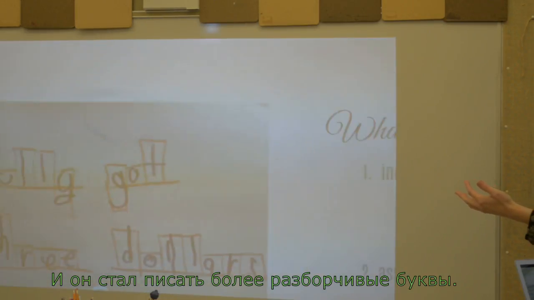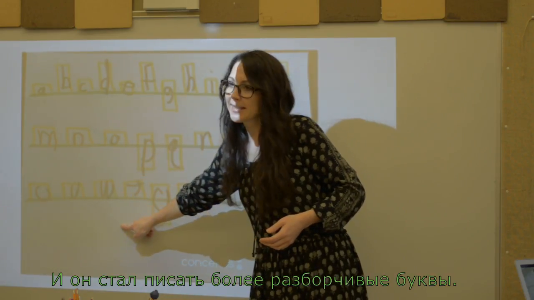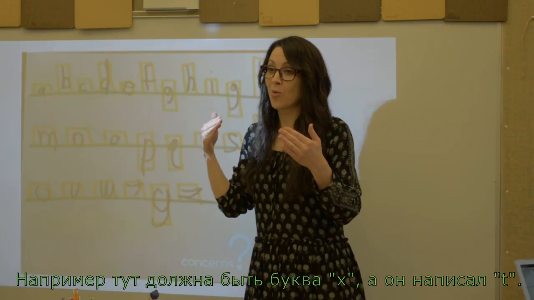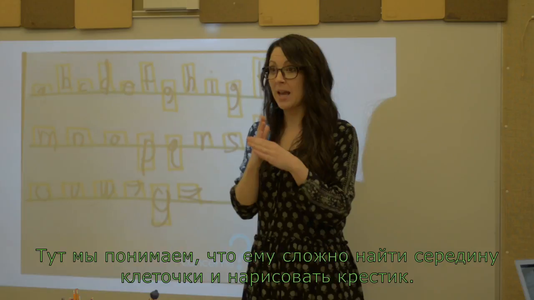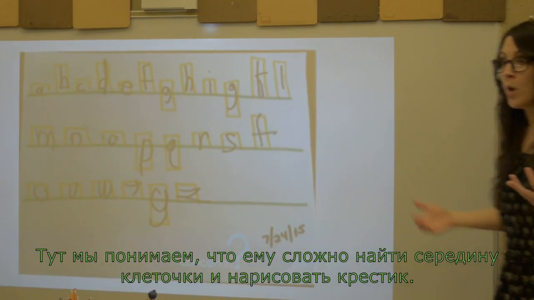Oh, but we can see right here, this is supposed to be an X, and he wrote a T. That's a clue that he struggles with crossing midline. That's a struggle for a lot of our kids. So handwriting always gives you clues to what's going on.